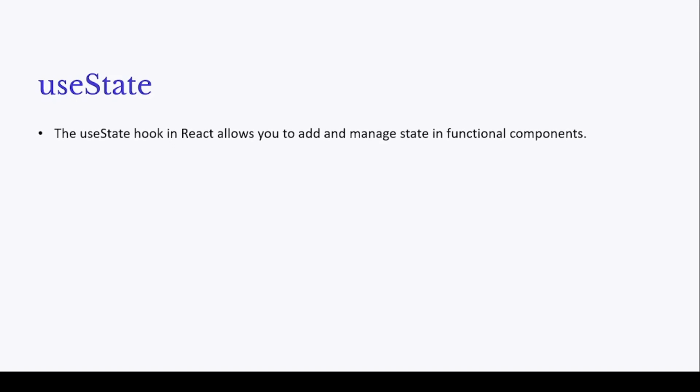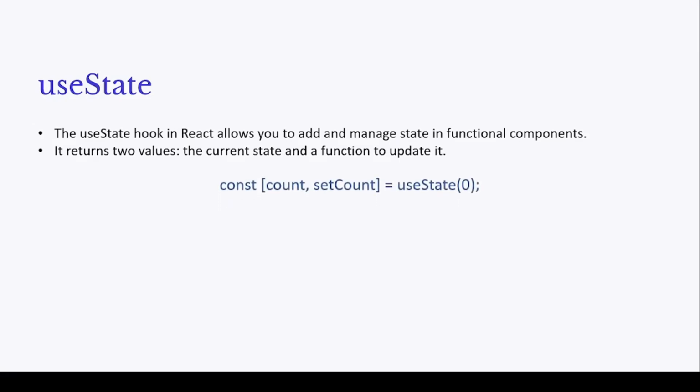The useState hook in React allows you to add and manage state in functional components. It returns two values, the current state and a function to update it, and the syntax is as follows. We use an array: count, which represents the current state, while the second item, setCount, is the function to update it.